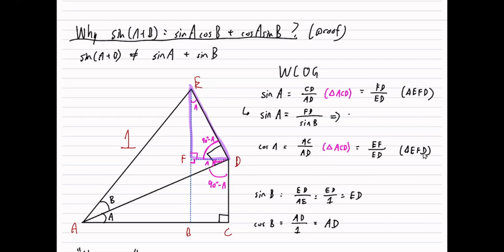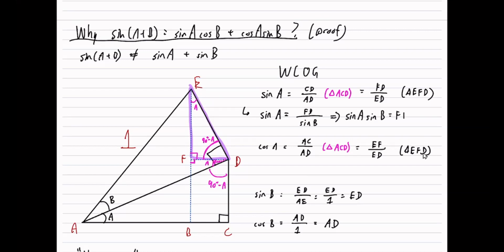Which implies that sine A, oh, am I going in the wrong direction? Yeah, I think I'm going in the wrong direction. Sorry. Let me think a bit. Okay, sine A sine B equals FD.